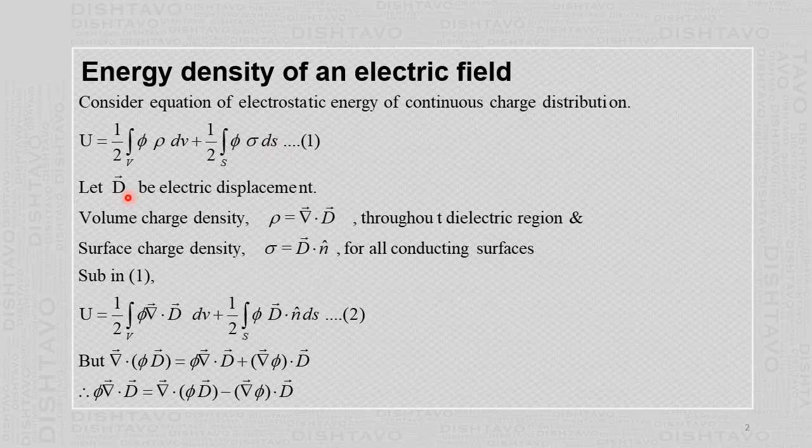Then we defined something called the electric displacement vector D, which was defined in Gauss's law in the dielectric. In the same chapter, we showed that the volume charge density rho is del dot D and the surface charge density sigma is vector D dot n cap, where n is the unit vector perpendicular to the conducting surface.